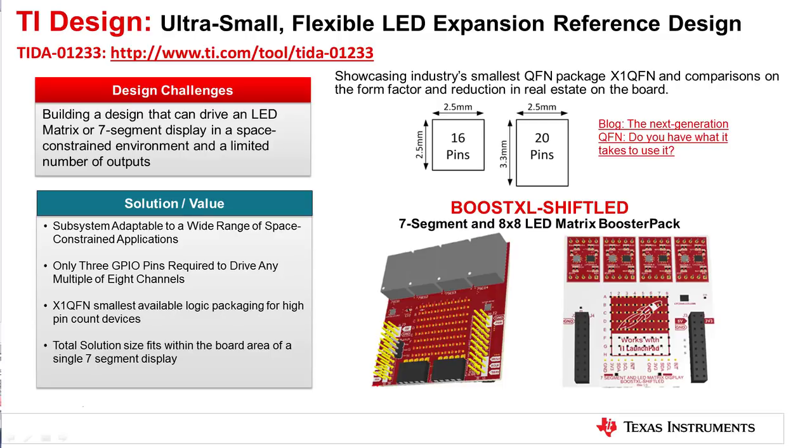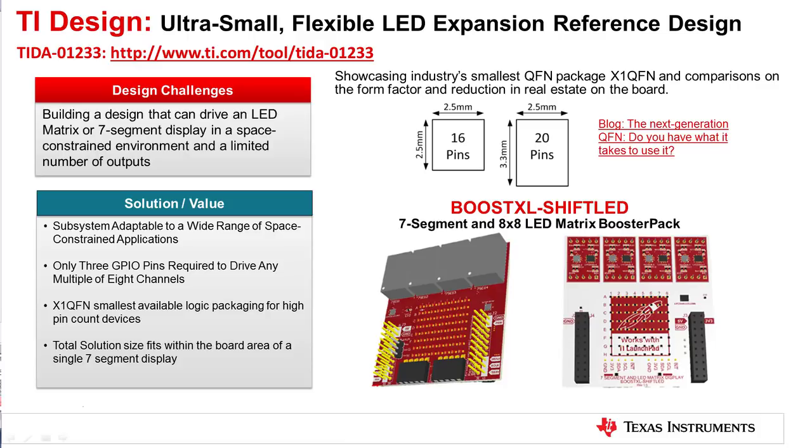Here is another TI reference design which uses the HC595B shift register and also combines the LVC244A driver buffer. It highlights the output expansion capability of the shift register to drive a 7-segment display and an 8x8 LED matrix.